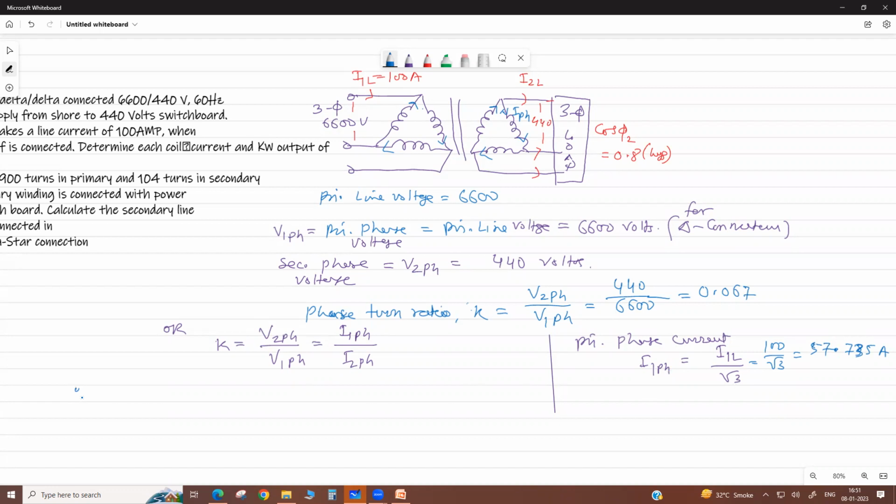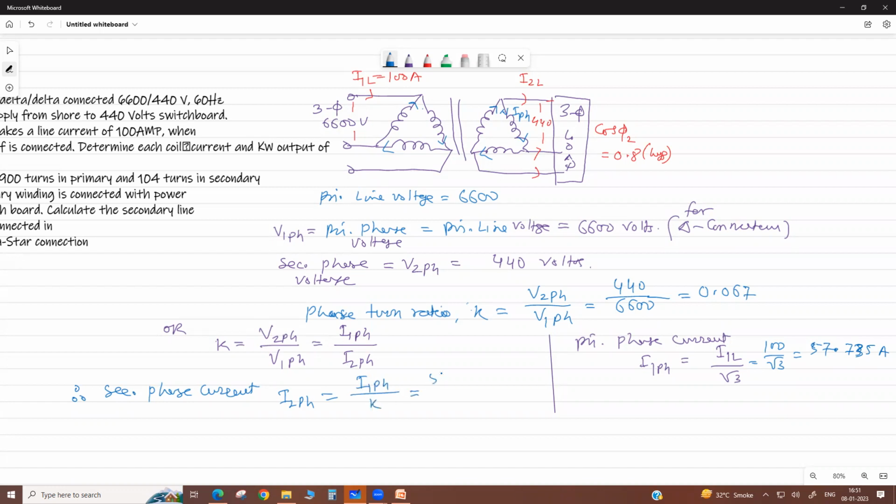Therefore, here we can calculate the secondary phase current. My dear, please remember, when we use a phase turn ratio, we get a phase value. So the secondary phase current equals the primary phase current divided by K, the turn ratio.